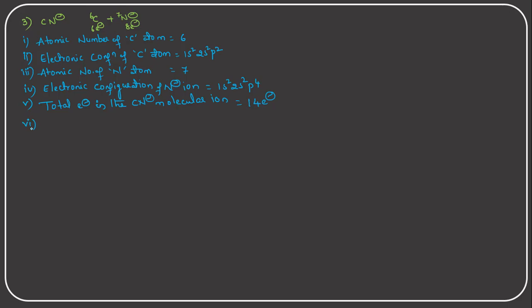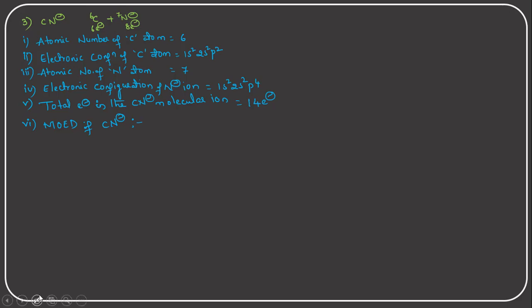And the sixth point is the construction of the molecular orbital energy level diagram of this particular cyanide minus molecular ion, right?